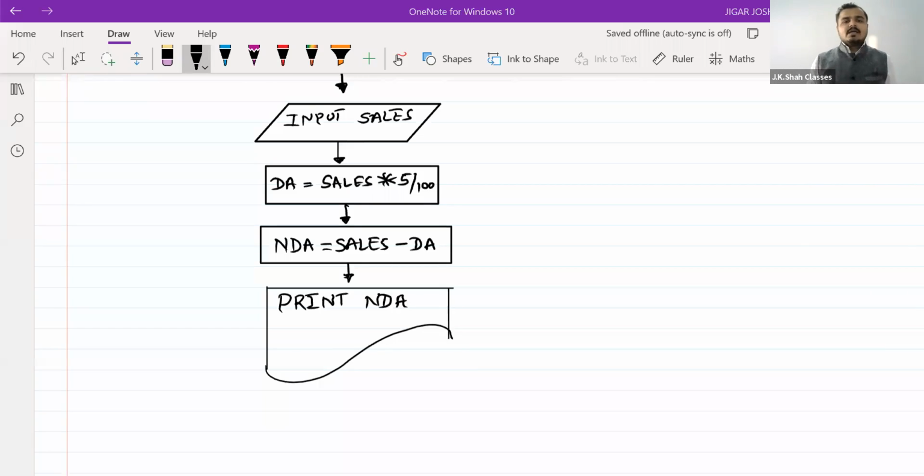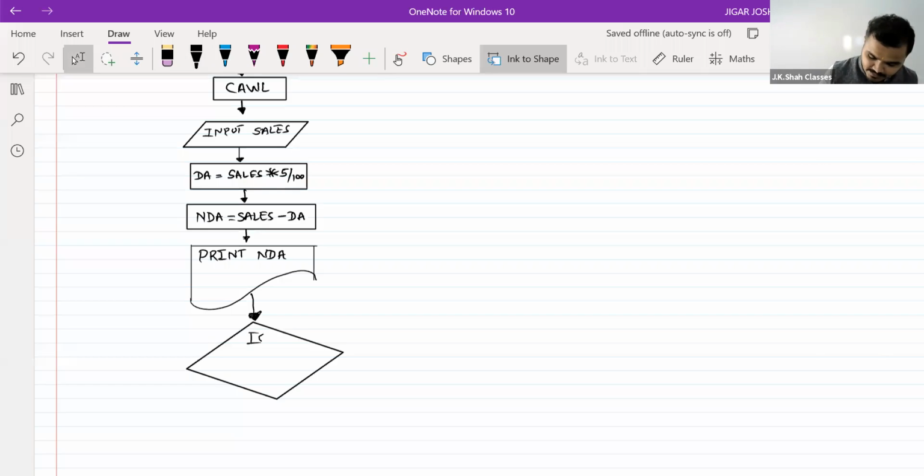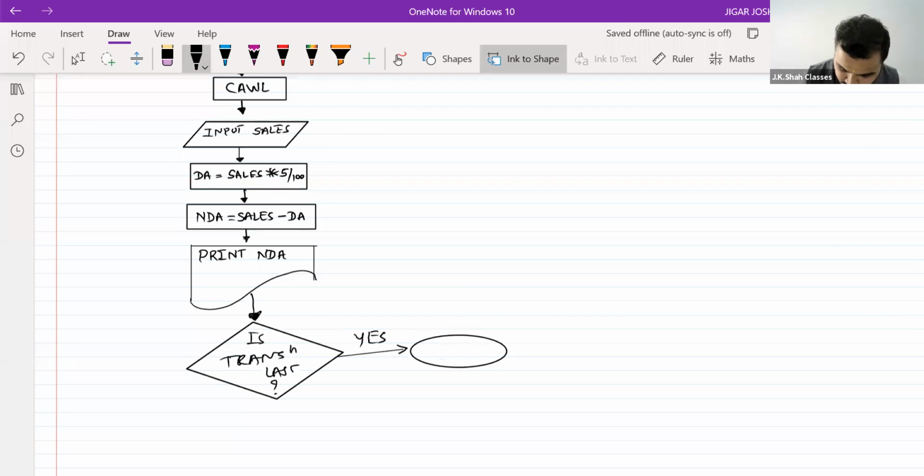Why do we use this print? Because in the question they ask us to print. If you get the word print in the question, then you need to draw this type of print design only. After this, the next step would be very simple. Asking: is it the last transaction? Question mark. If the answer is yes, then the process must get stopped.